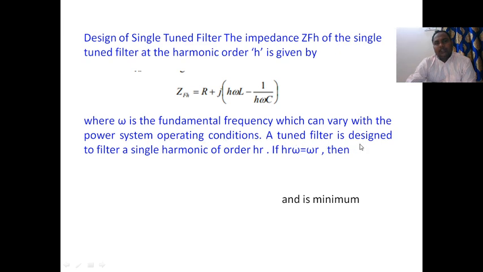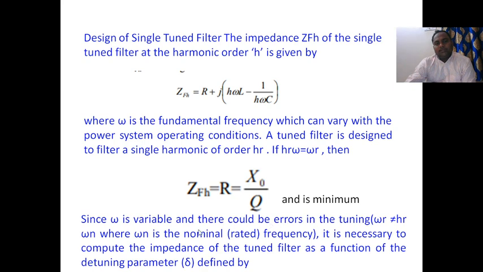A tuned filter is designed to filter a single harmonic of order hR. If hR omega is equal to omega R, then impedance Z is equal to R. The formula is X naught by Q, and it is minimum.